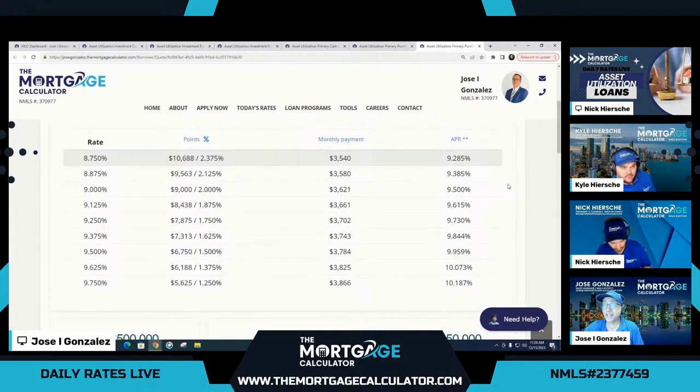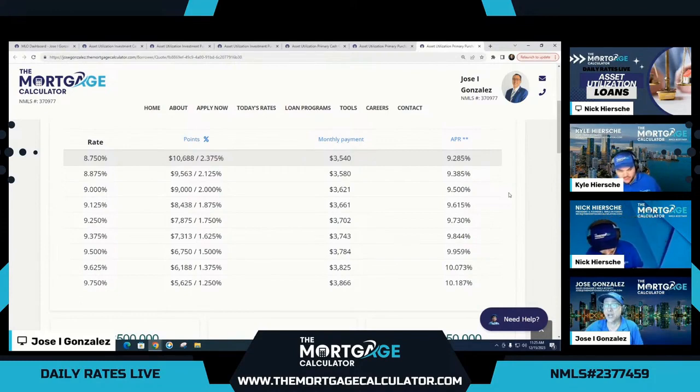You're looking at 9.75 as your lowest cost option, costing 1.25 points. And you can buy that down to 8.75% at 2.375 points.